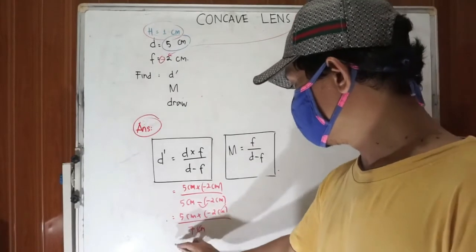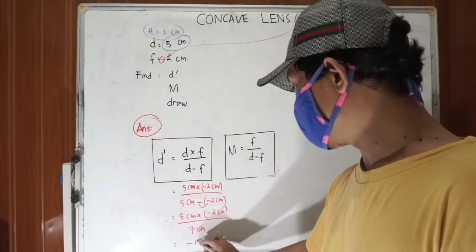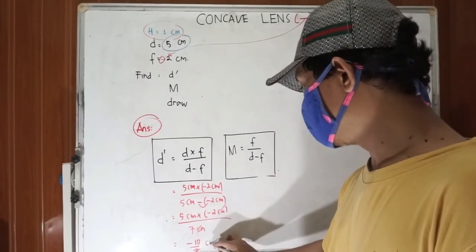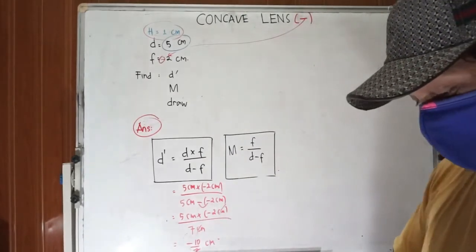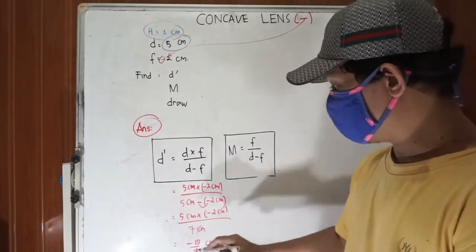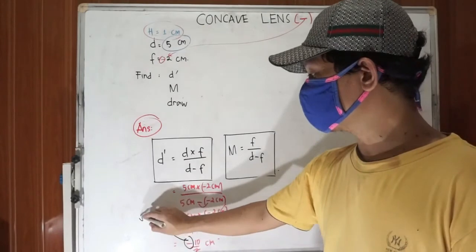So you got minus 10 over 7 centimeter. This one is negative, virtual.